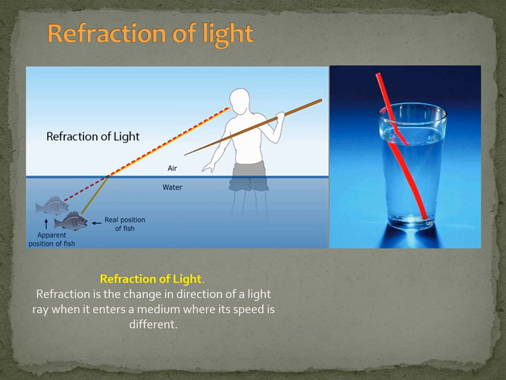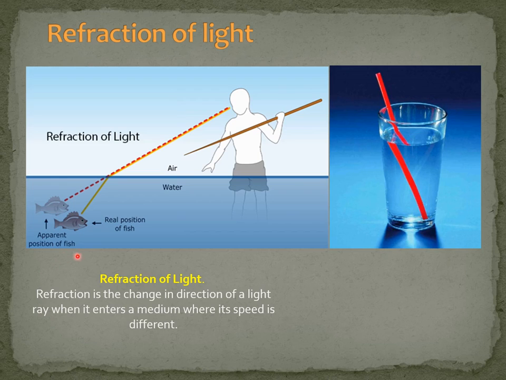One important property of light for the purposes of our talk is the phenomenon that we call refraction. Refraction of light basically consists of the change in direction that the light suffers when it moves from one medium to another medium where it moves at a different speed.